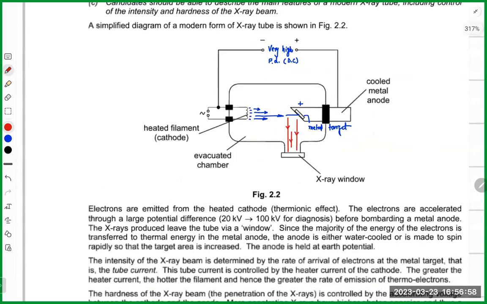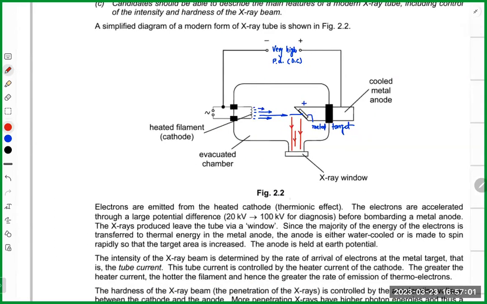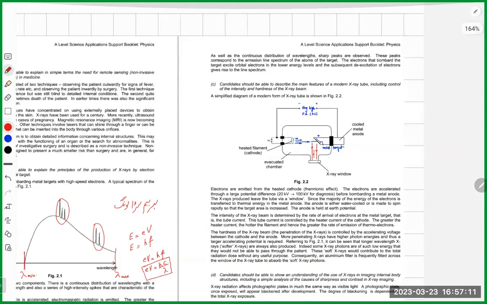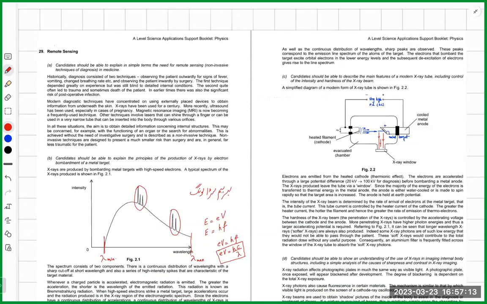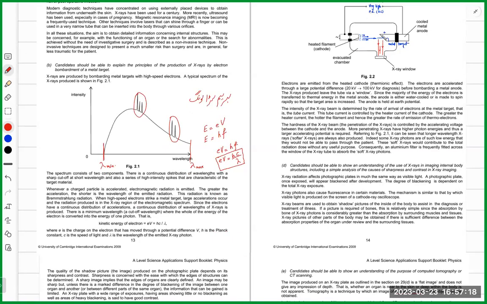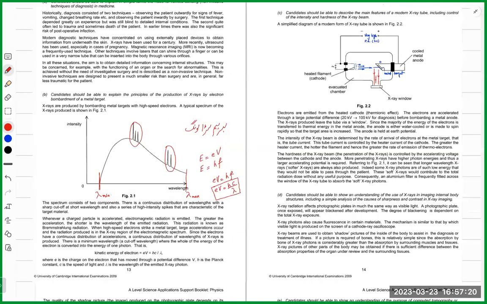So this is where the X-rays come out. This is the gate for X-rays. All this theory is embedded in the notes. You can read it, and all the technical terms are used over there.